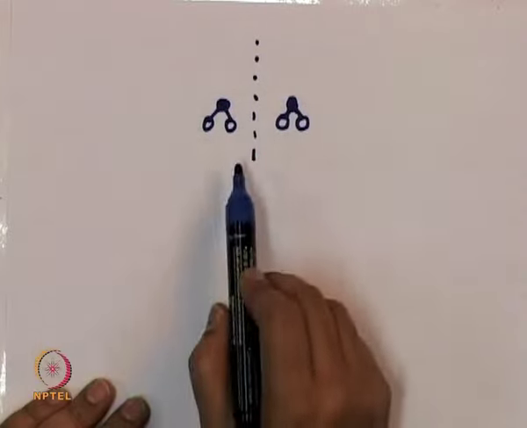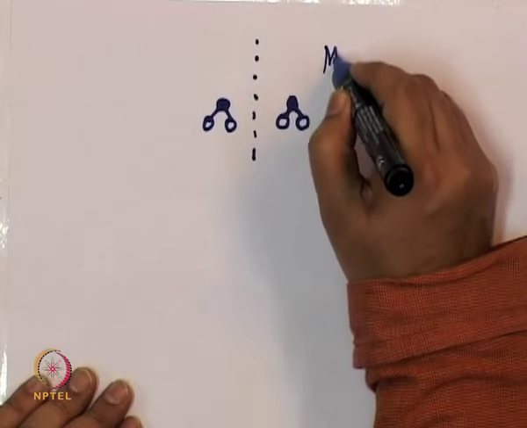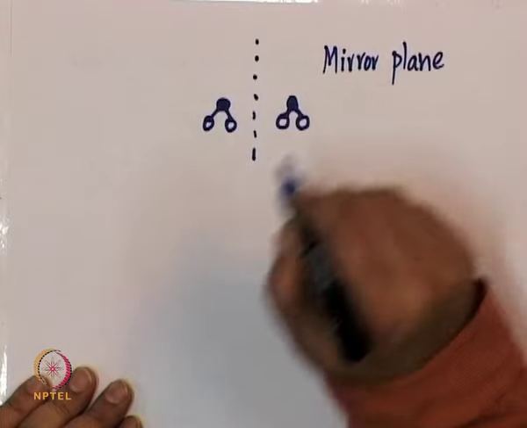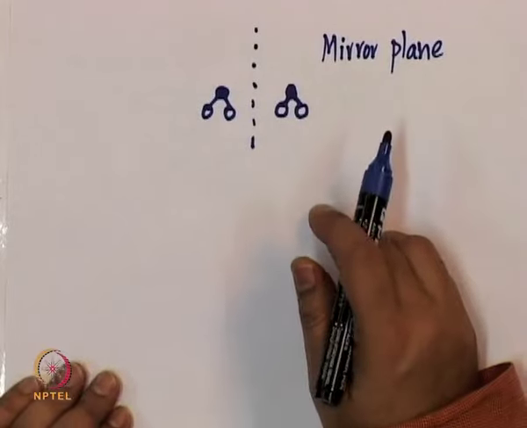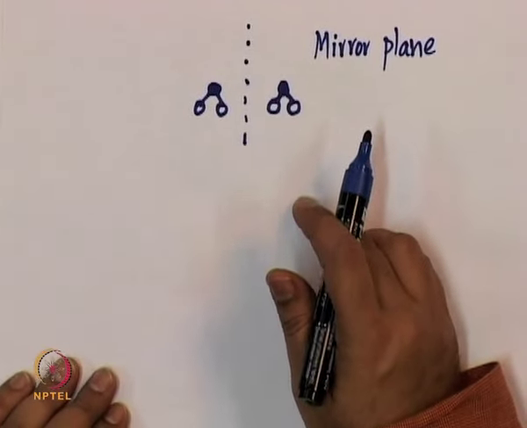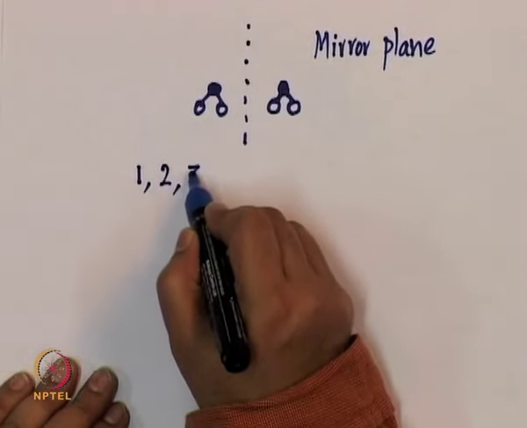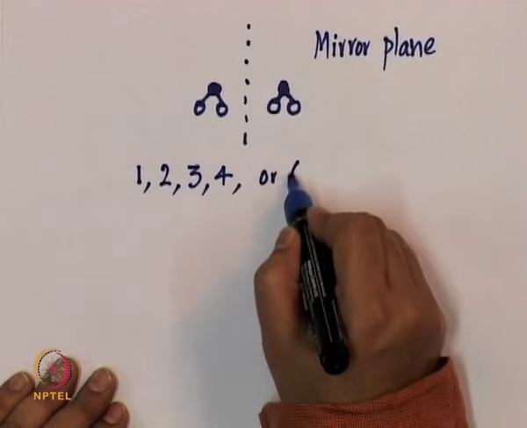This is a mirror plane, and it is a symmetry operation. So, center of inversion is one, mirror plane is another. Then you can have rotation, and the rotation could be one fold, two fold, three fold, four fold, or six fold.